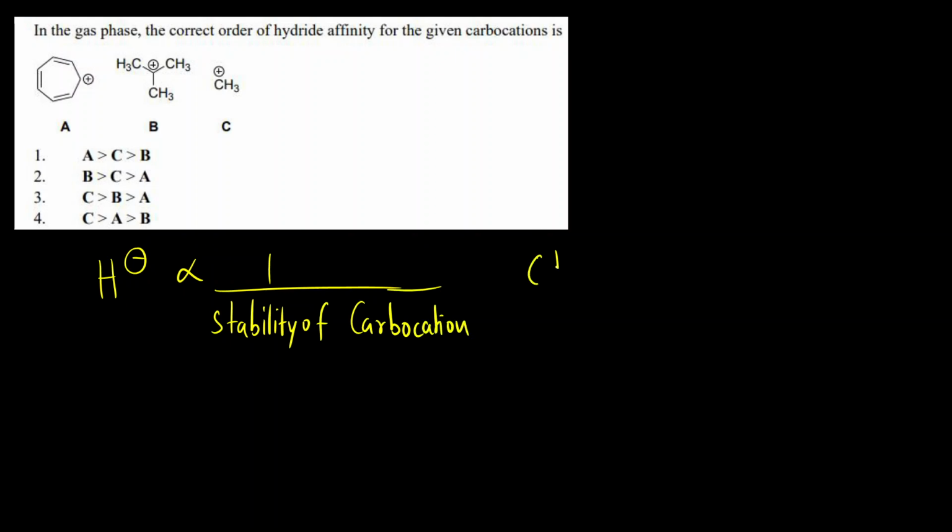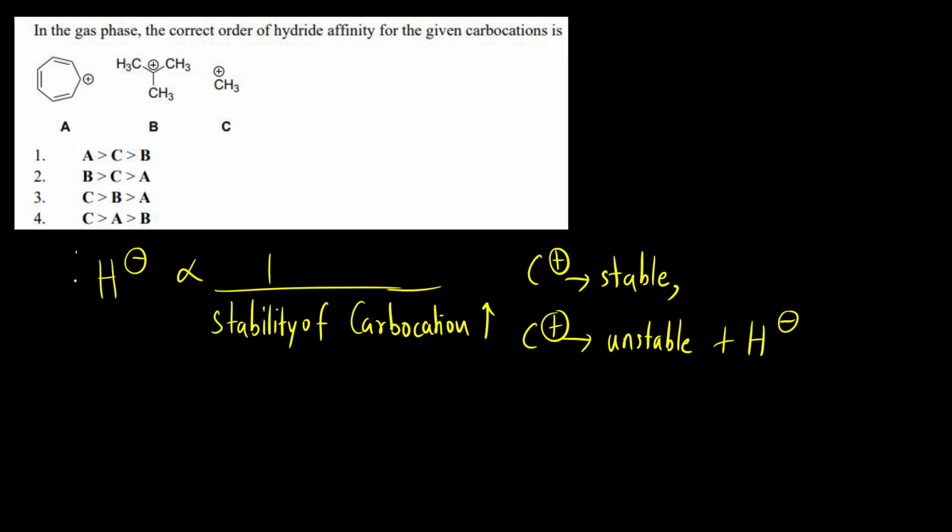Because if the carbocation is stable, it will not want to have an H minus ion. If the carbocation is unstable, it is more reactive, and so it would like to have an H minus ion. So this is inversely proportional. If the stability is more, hydride ion affinity will be least.